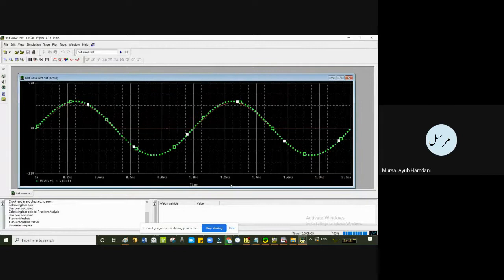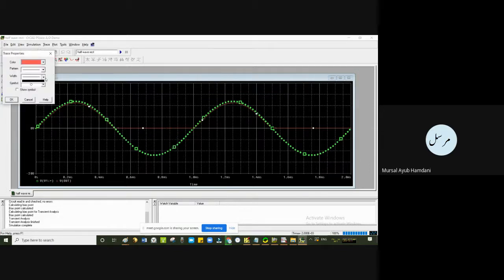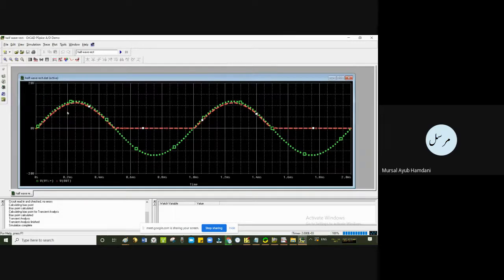So you can clearly see the half wave rectification. Now for that, click on this, properties, make it a little wide, maybe dash type. You can clearly see that there is this half wave rectification. However, the red is a little lower during the forward bias orientation.